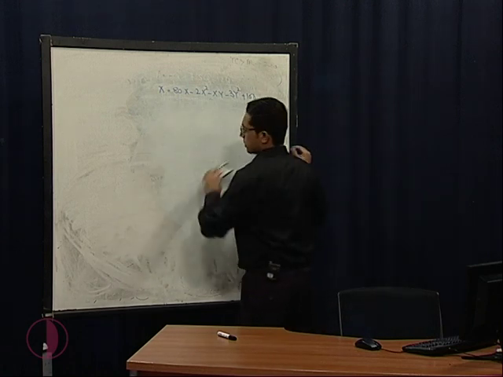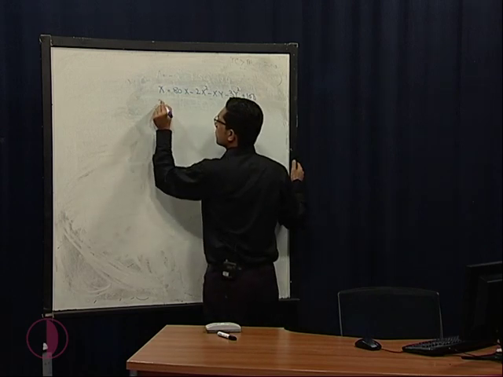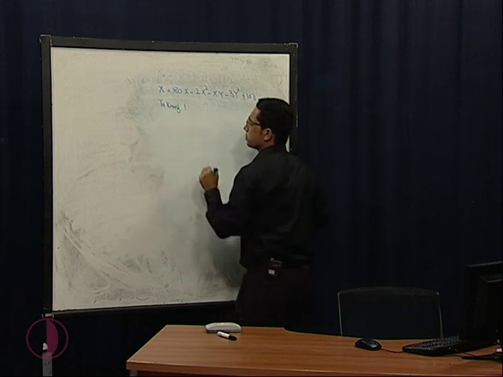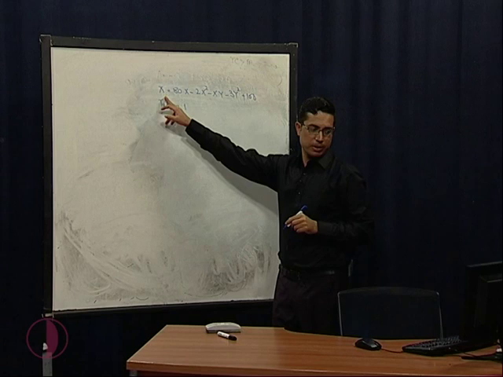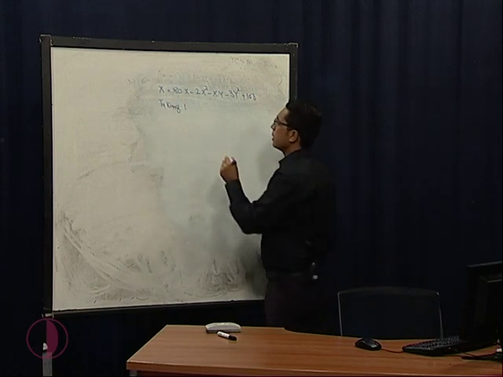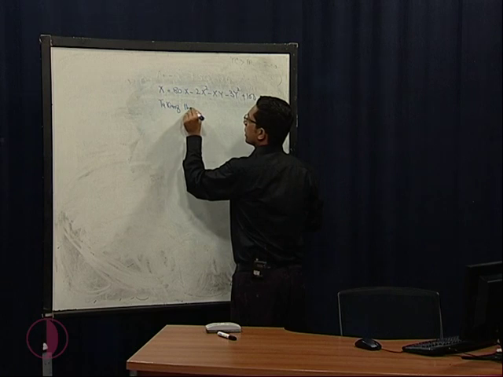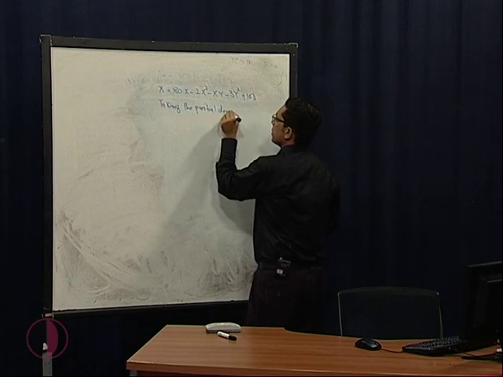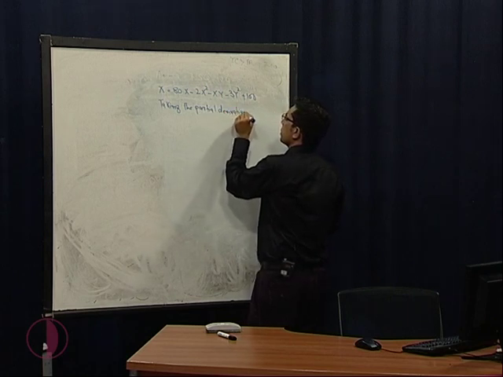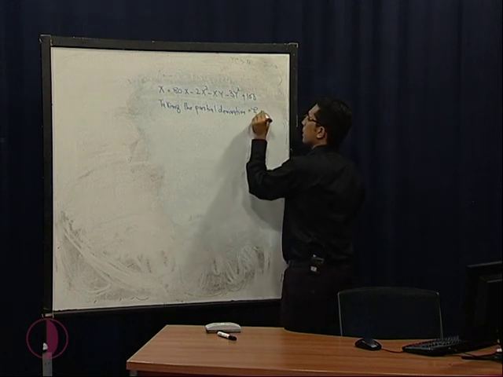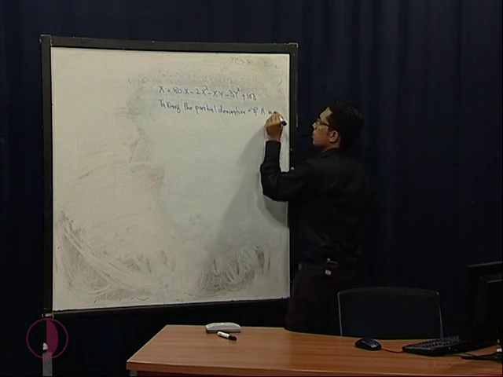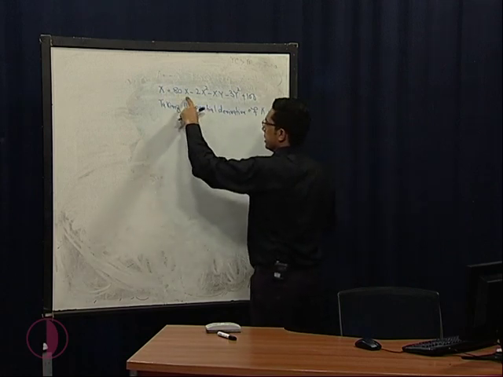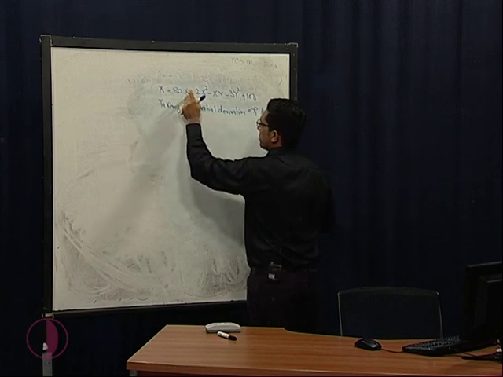So, taking the partial derivative of this expression with respect to any of these variables, taking the partial derivative of the profit function with respect to X. Suppose I am taking the derivative with respect to X only.